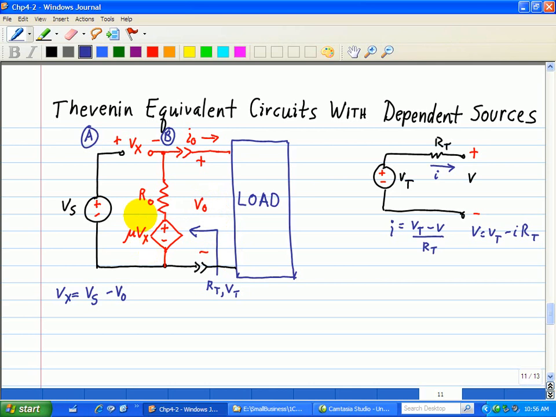However, when we connect the load and the input source is turned on, the sum of the currents leaving node B is given as follows. At node B, we have VO minus mu Vx divided by RO.